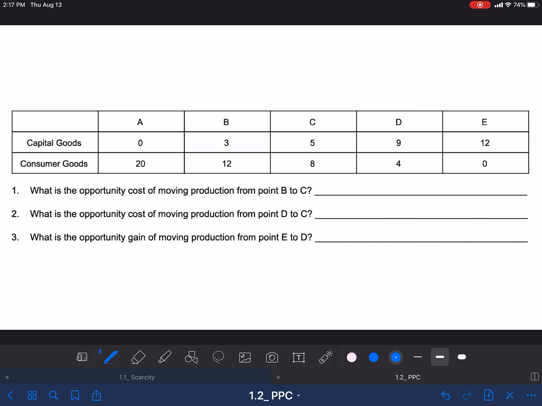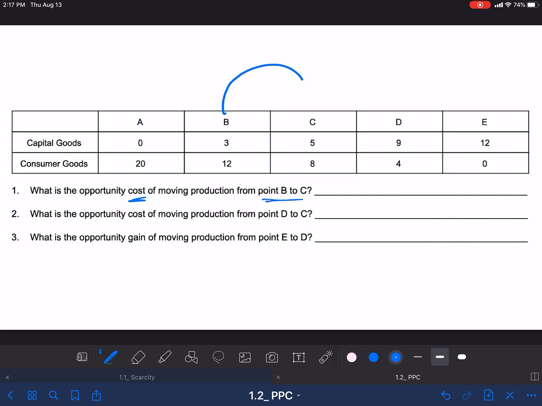Another way that we can read production possibilities curves is off of a table. So it's the same information, it's just in a table. So instead of an actual model, we're just reading it off of a table. So if we look at number 1, what is the opportunity cost of moving production from point B to C?